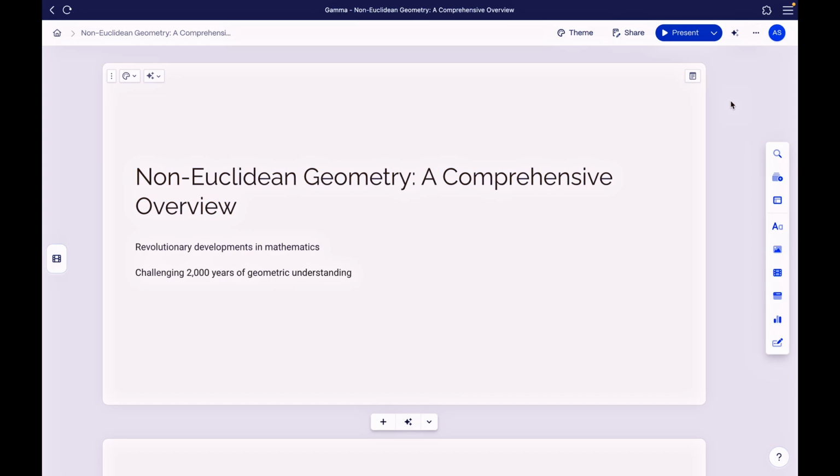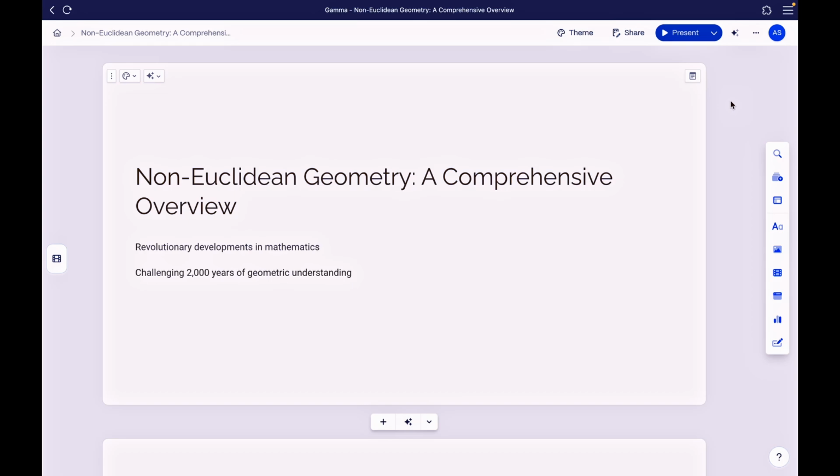I myself know very little about non-Euclidean geometry, and I had to do a ton of research to compile the slideshow together just to figure out who did what, where was everything. Of course, I knew a little bit about the origins of non-Euclidean geometry, about hyperbolic and elliptic geometry, but that will come later. But yeah, this is just an overview. This is more to just get you started and kind of ignite your curiosity.